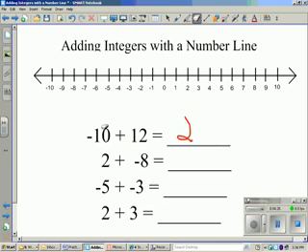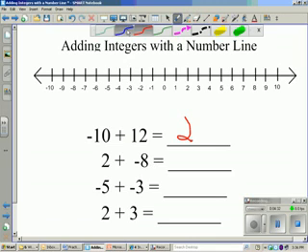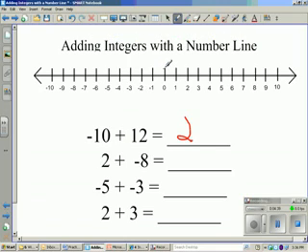I'll erase those marks. Now the next problem that we have is 2 plus a -8. So I'll start on 0 and I'll go to the right because it's a +2, 2 units. 1, 2. My next move will be to the left because it's a -8.